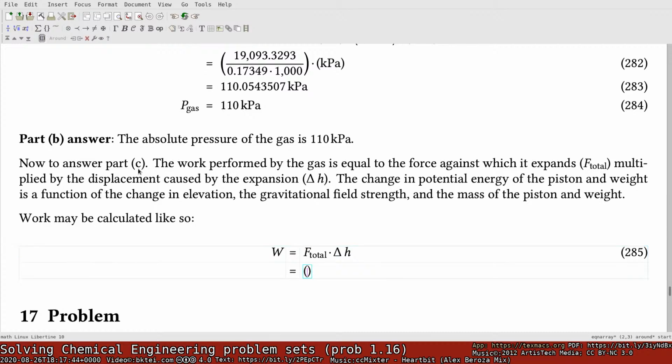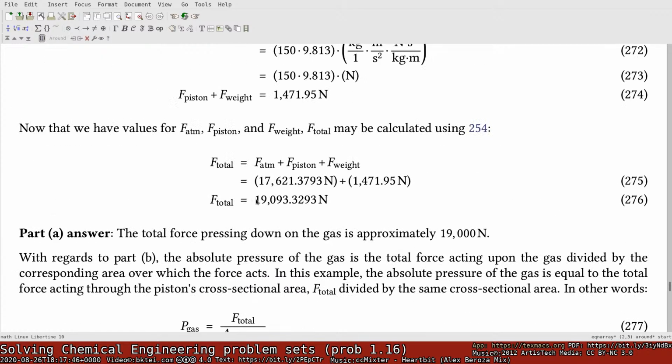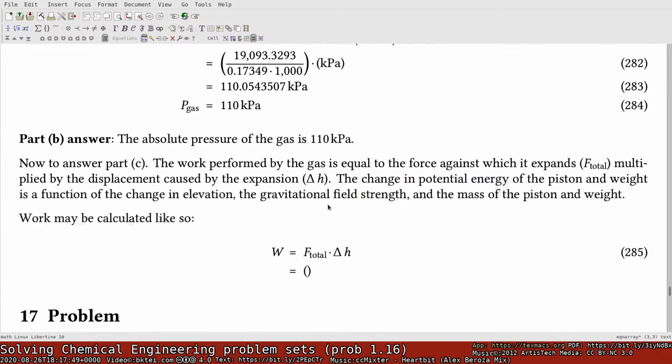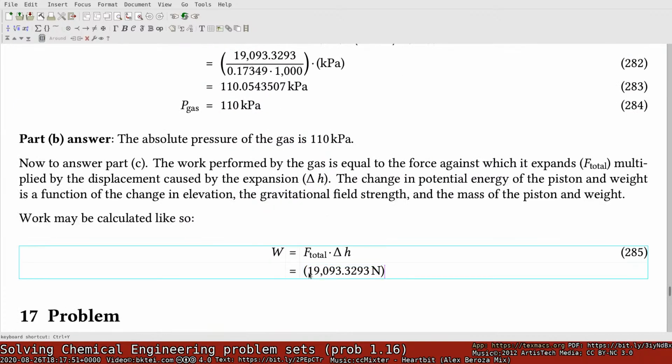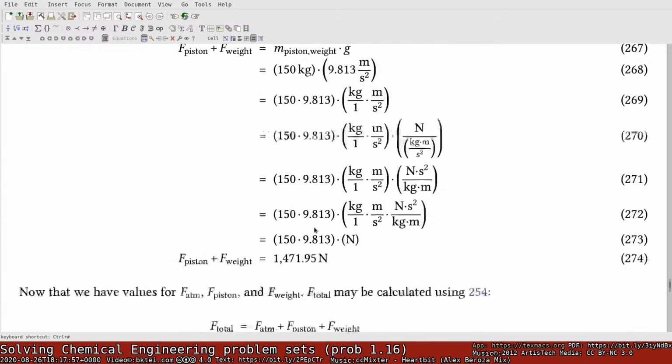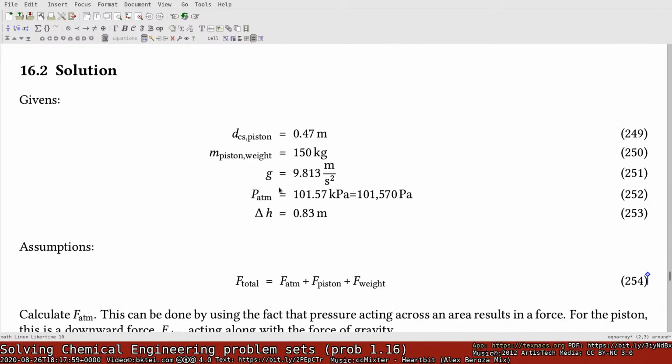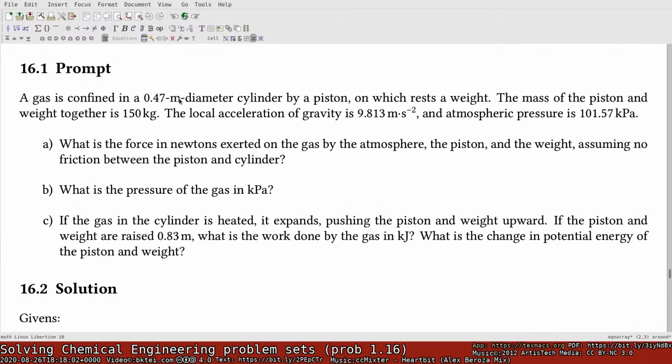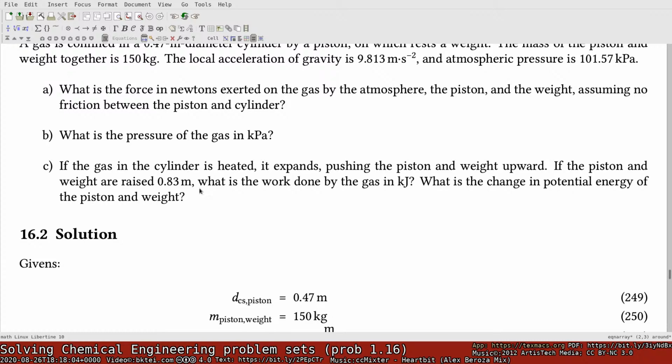So force total, we already calculated that, is that value. 0.83 meters was the displacement of the piston. Yeah, 0.83 meters.